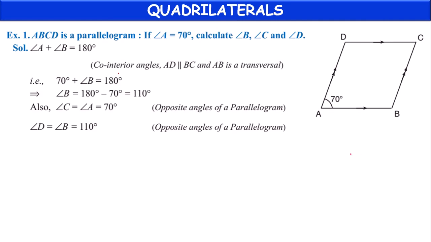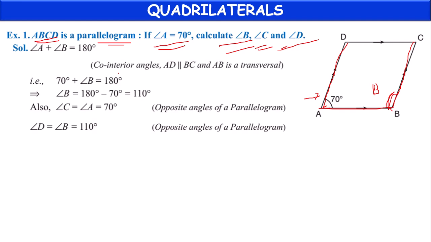Next, let's see some example problems. ABCD is a parallelogram. Angle A is 70 degrees. Calculate angle BCD. So, angle A plus angle B. Adjacent angles in a parallelogram are supplementary, or co-interior angles, because these two are parallel lines.